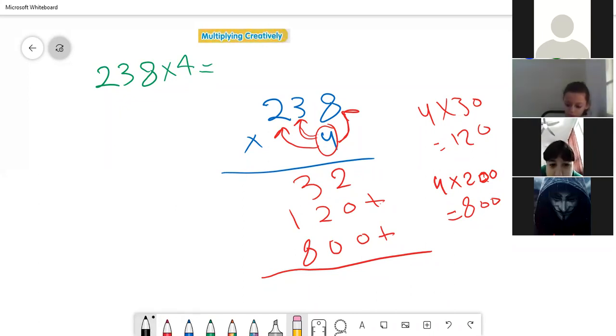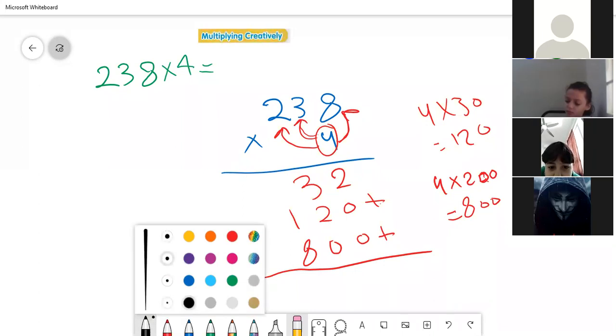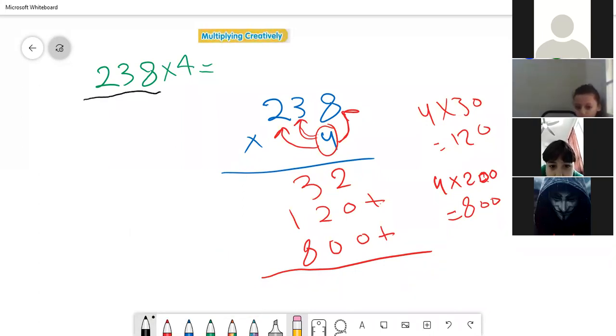Multiplying is going to be carried out in this way. For example, 238 times 4. You had to place the two numbers in this way. 238 times 4.